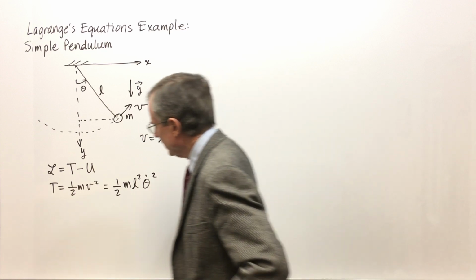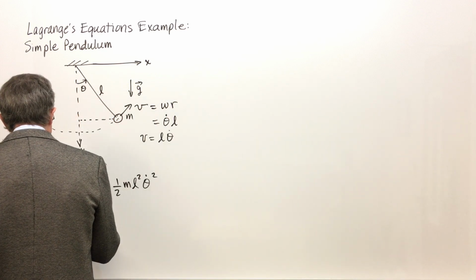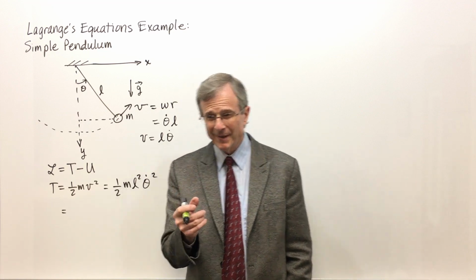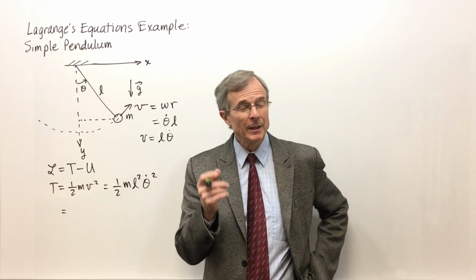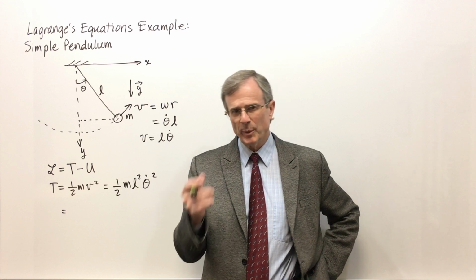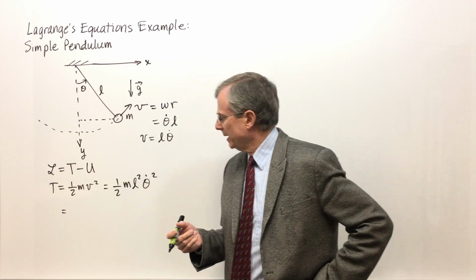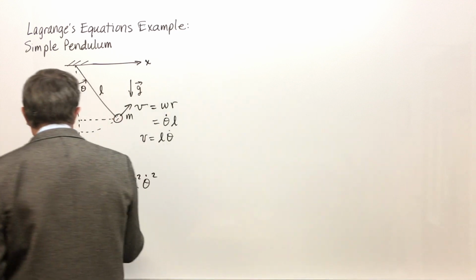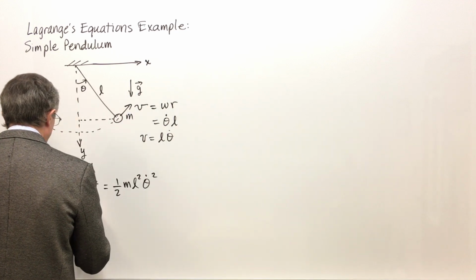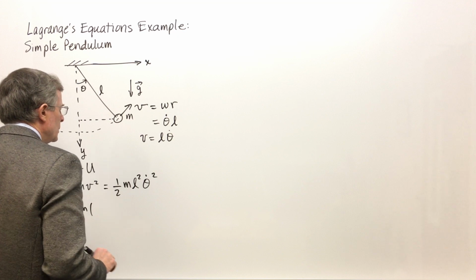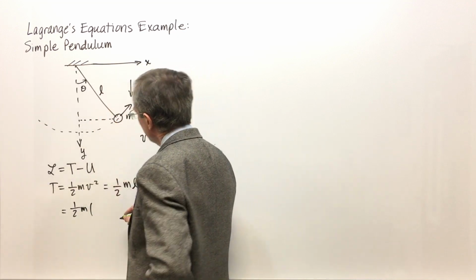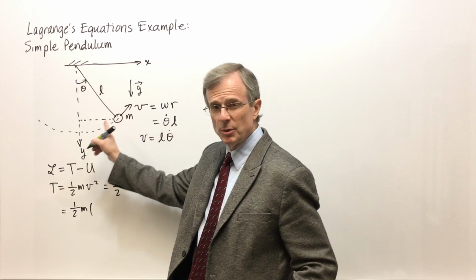The other way to find the kinetic energy, the cleaner way, and the one that comes in extremely well, that will save you from grief, pain, and embarrassment in more complicated problems, is to find the kinetic energy in the following way. V has two components.